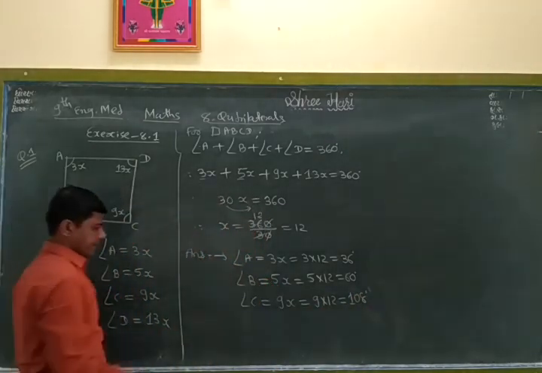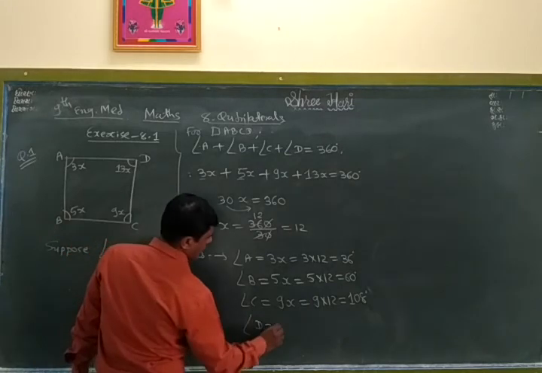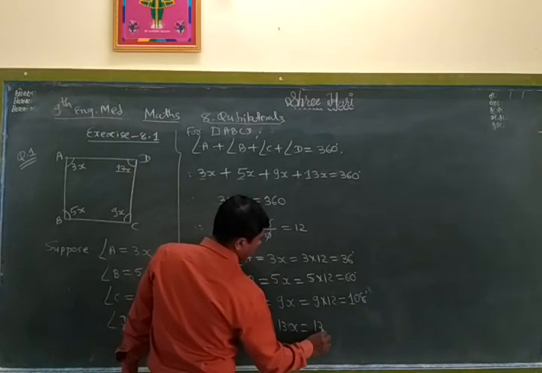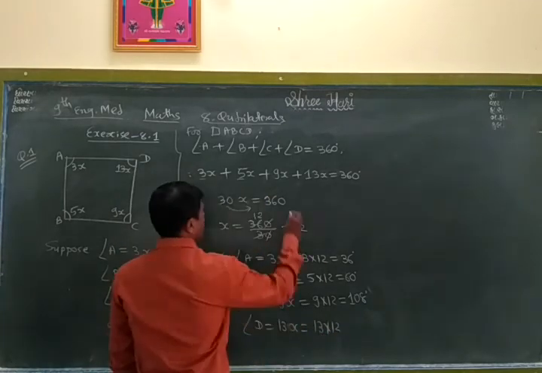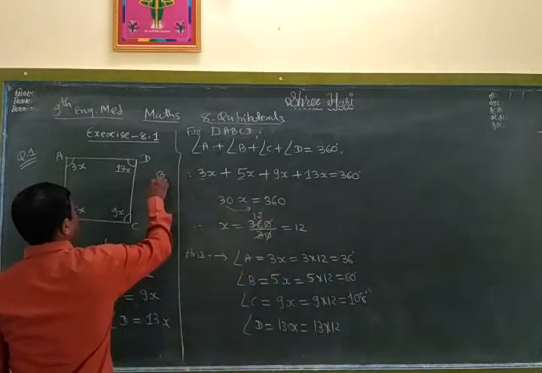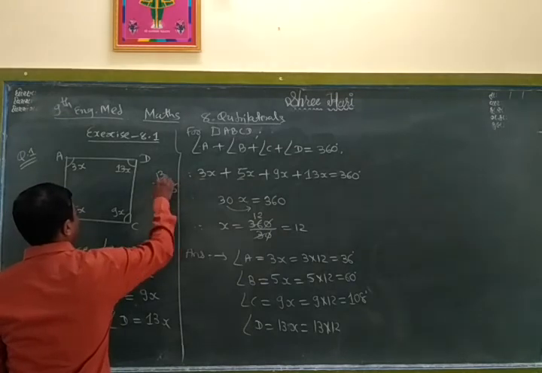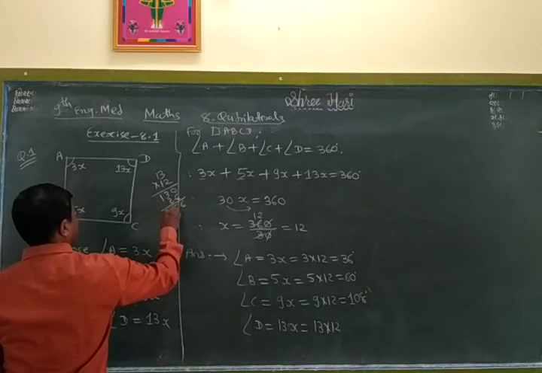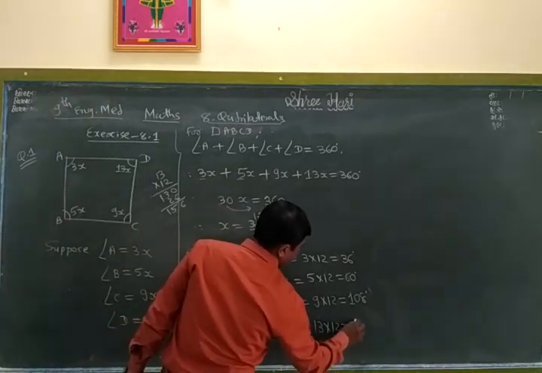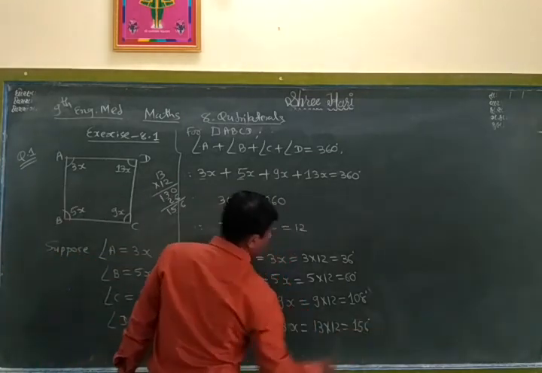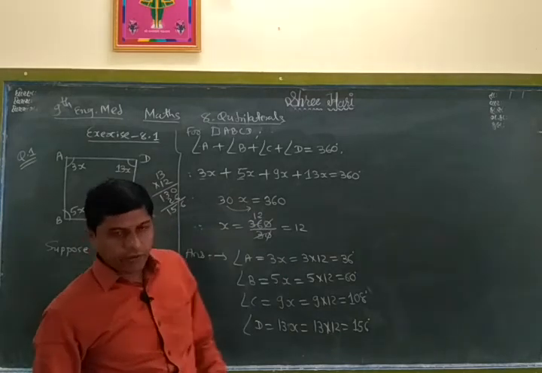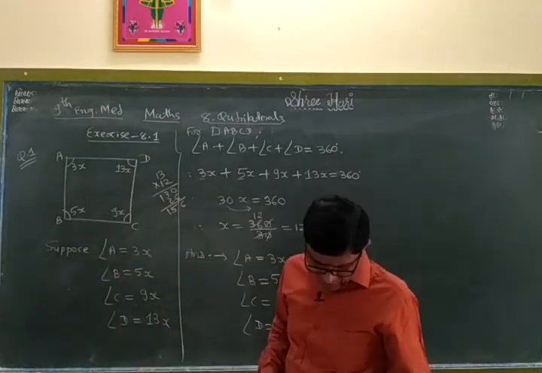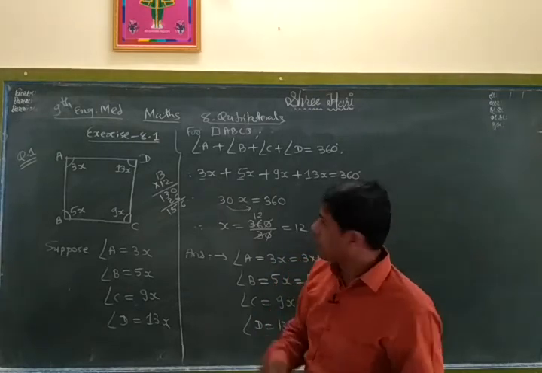Angle D is equal to 13x, so 13 into 12, which is 156 degrees. This is the angle we wanted to find. So this is the answer of this question.